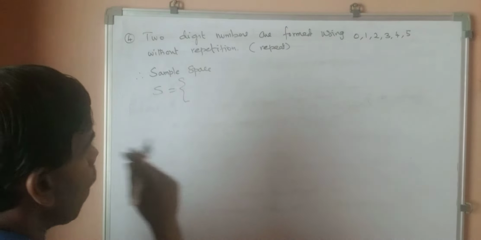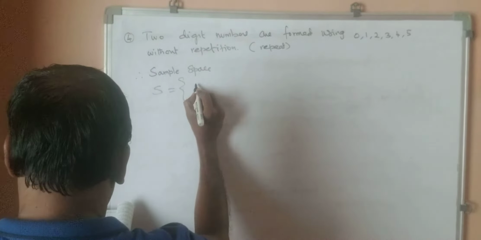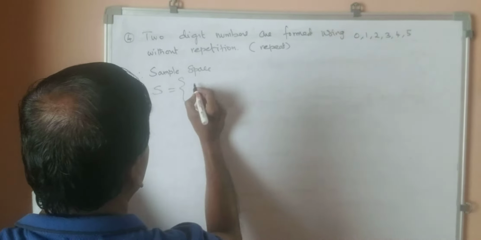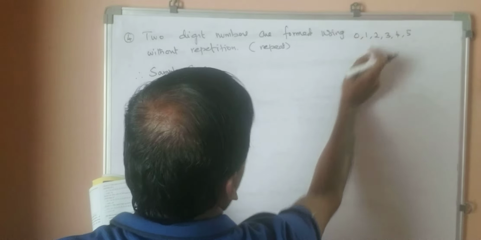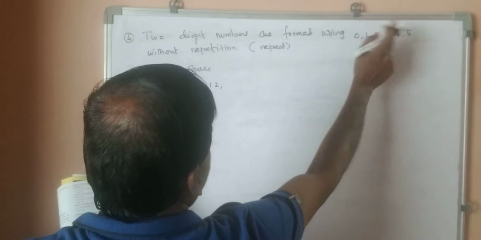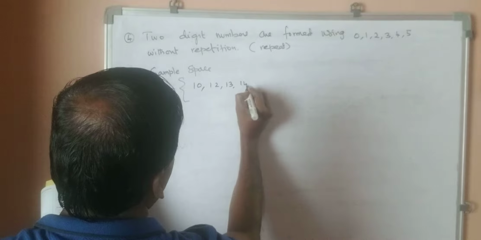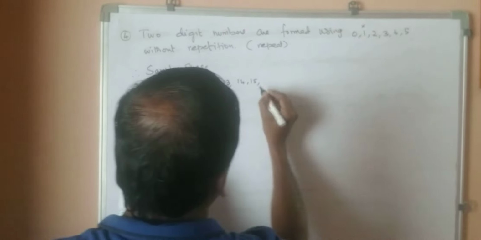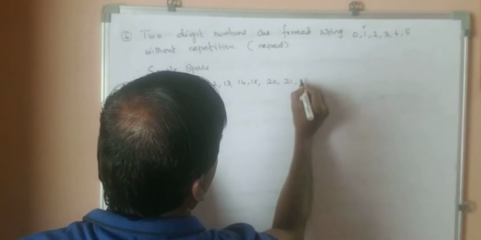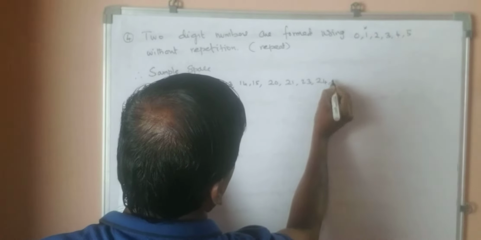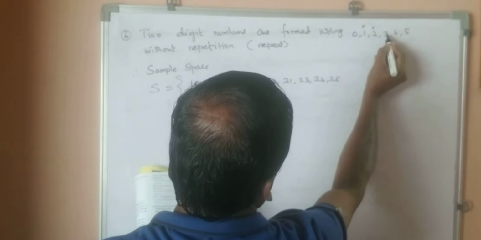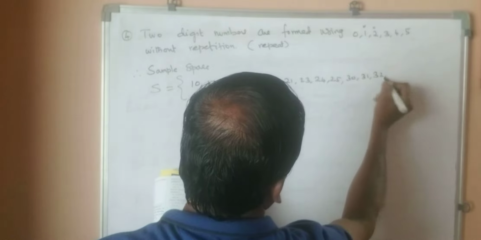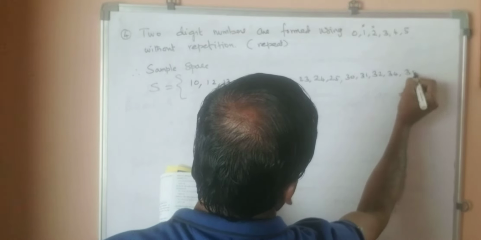Now, first how will we do it? 1, 0, 1, 2, 1, 3, 1, 4, 1, 5. Now this is over. Now 2: 2, 0, 2, 1, 2, 3, 2, 4, 2, 5. Over. Now 3: 3, 0, 3, 1, 3, 2, 3, 4, 3, 5.